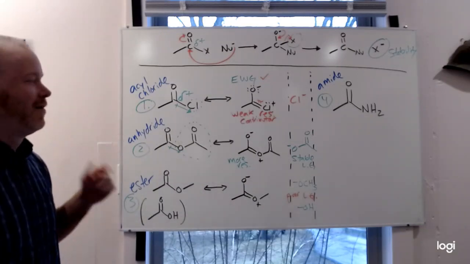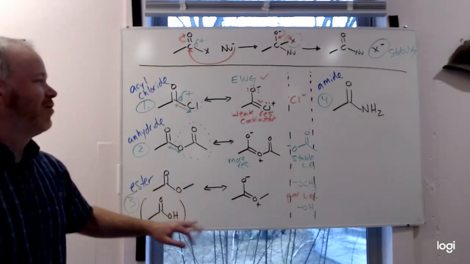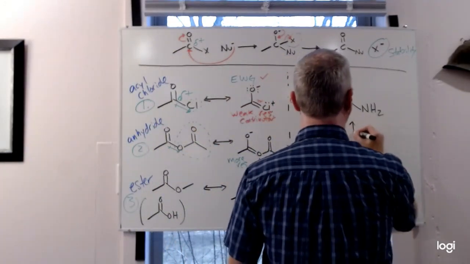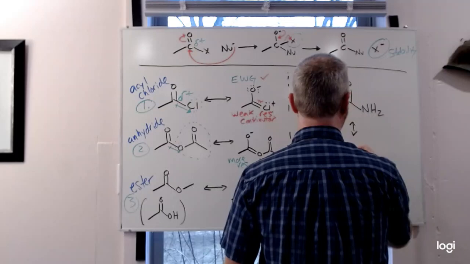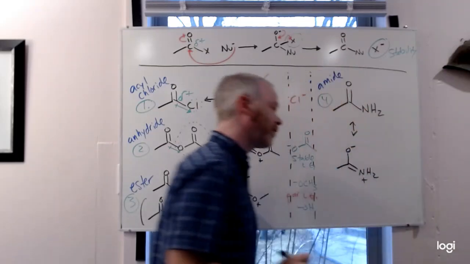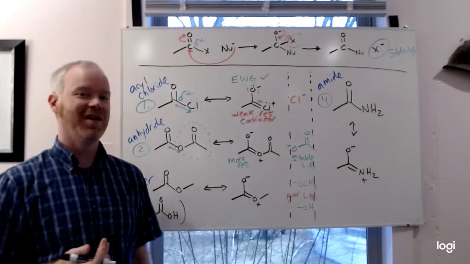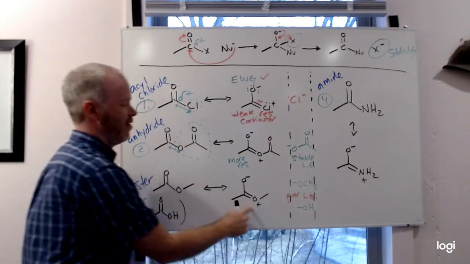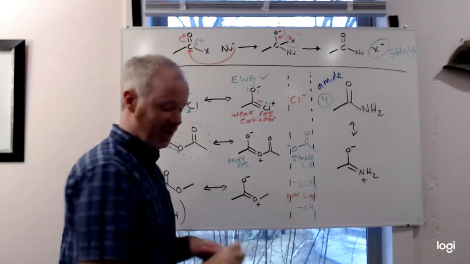The amide, we finally start to see some differences. We don't have an oxygen there, we have a nitrogen. And its resonance structure would put a positive charge on the nitrogen. So chlorine and oxygen, they are around the same electronegativity.